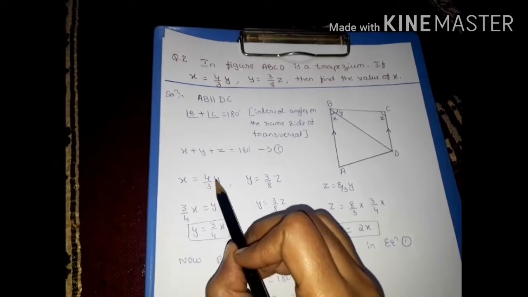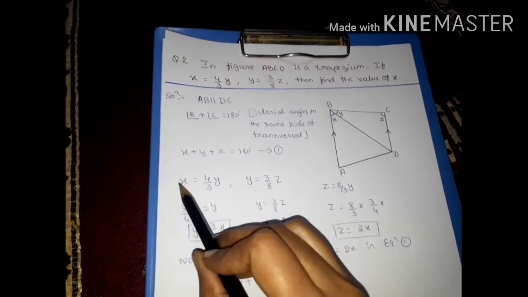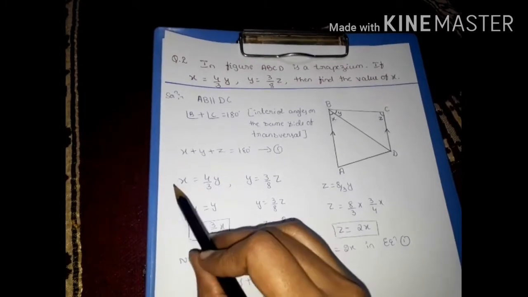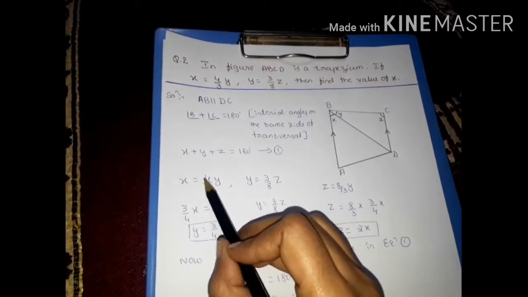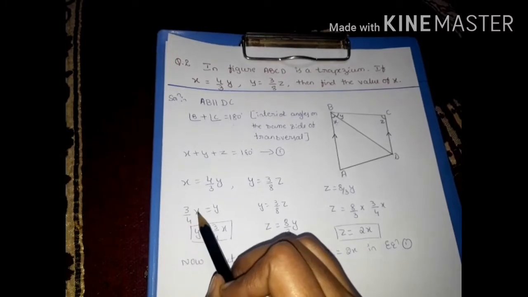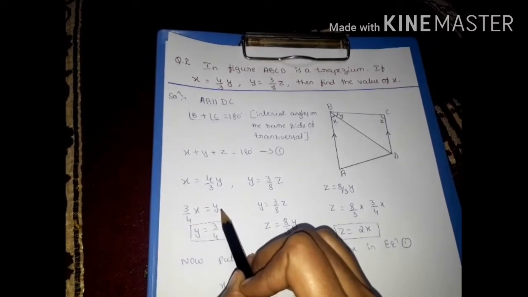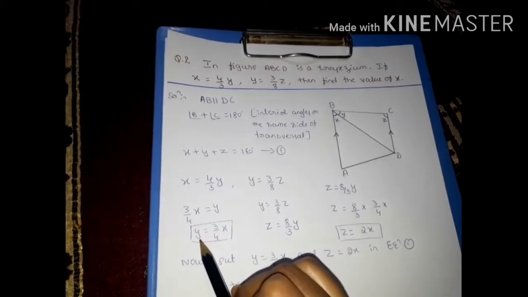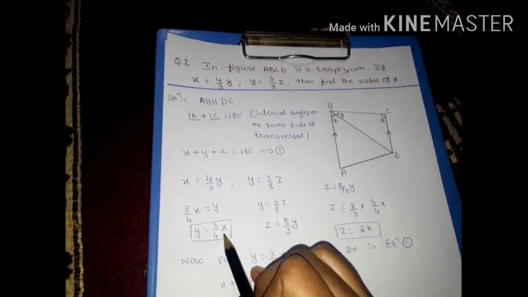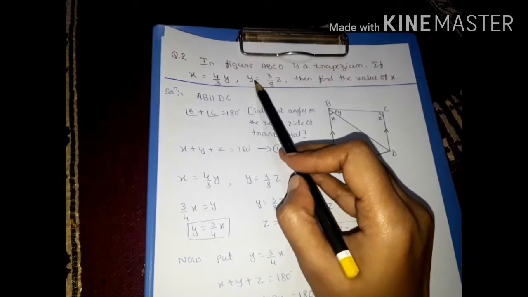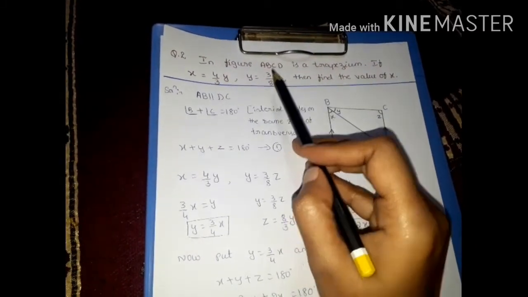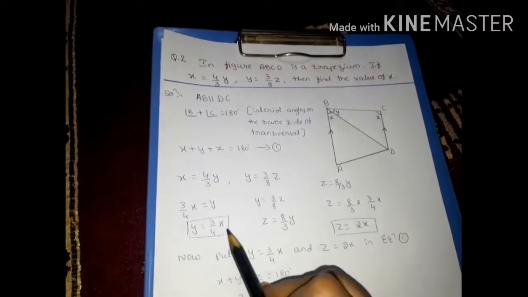Then we can write y equals 3 by 4x. Here we got y in terms of x, because they gave the y value in terms of z. We converted the y value in terms of x.